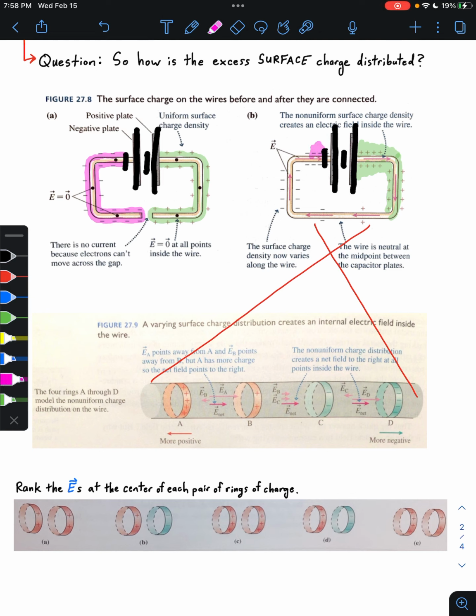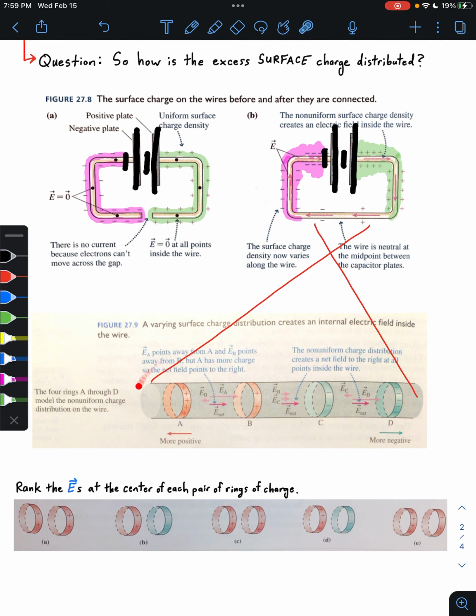And we'll get a high concentration of excess negative surface charge near the negative terminal of the battery, which then decreases going around this direction. So we still have a system that's net neutral overall, but we can drive the current with this distribution of charge.